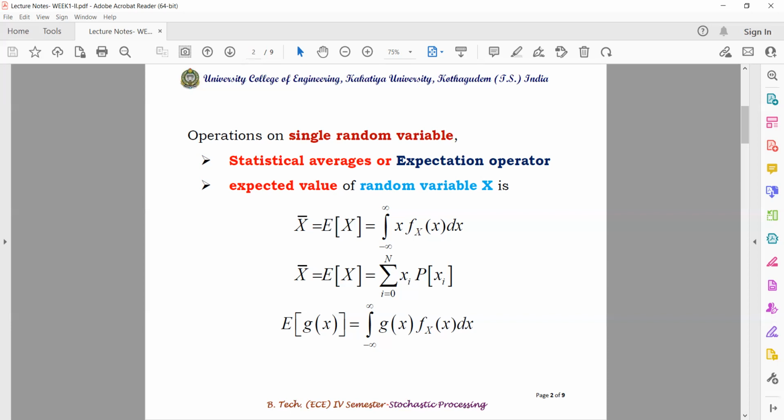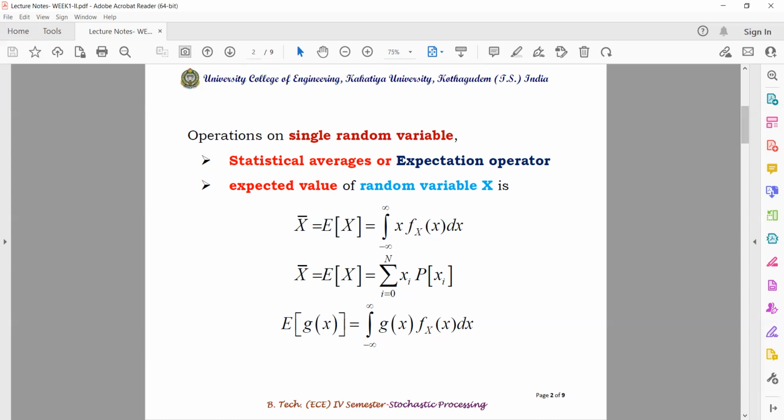Suppose a noise is added during the transmission. It may be wired or wireless communication. Suppose logic 0 has been transmitted at the transmitter side, 0 volts, and noise is added, say, above 2.5 volts. So 0 is transmitted, but at the receiver side the incoming voltage is greater than 2.5 volts, so the decision will be taken in favor of logic 1.